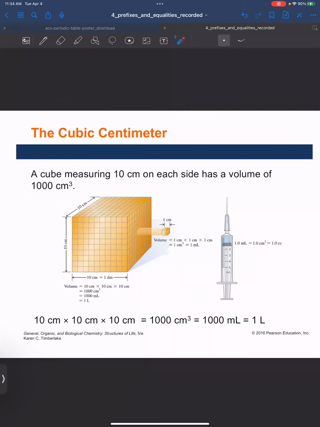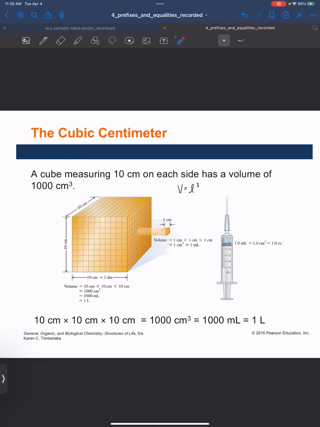So how did we know that 1,000 cubic centimeters was 1,000 milliliters? Well, we have a cube measuring 10 centimeters on each side. The volume of a cube is length cubed, each of the lengths being the same because it's a cube, and then it's cubed.